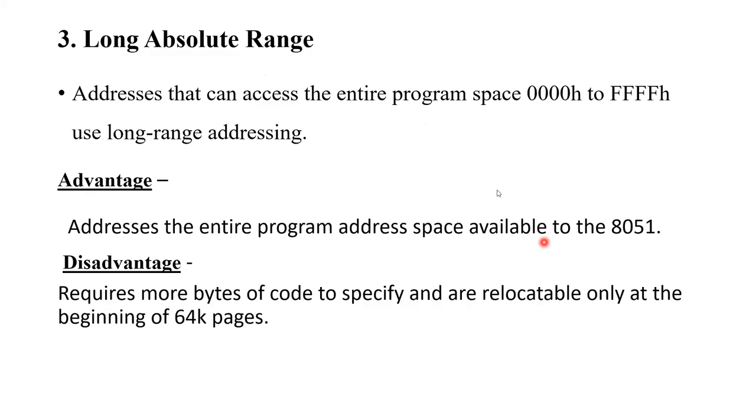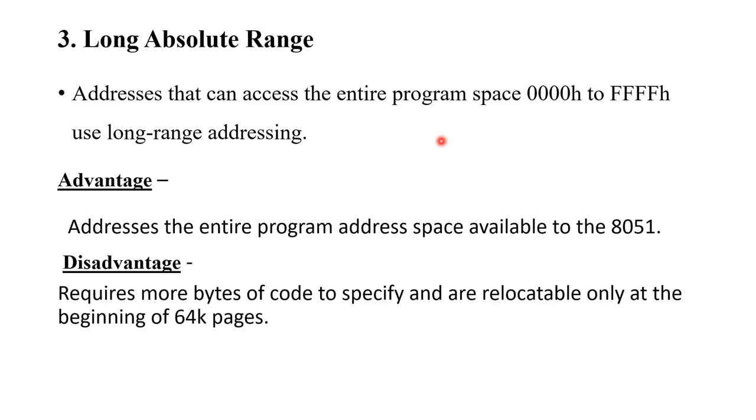Next, we have long absolute range. Addresses that can access the entire program space from 0000H to FFFFH use long range addressing. What is this program space? It is nothing but 64 kilobytes of memory, right?